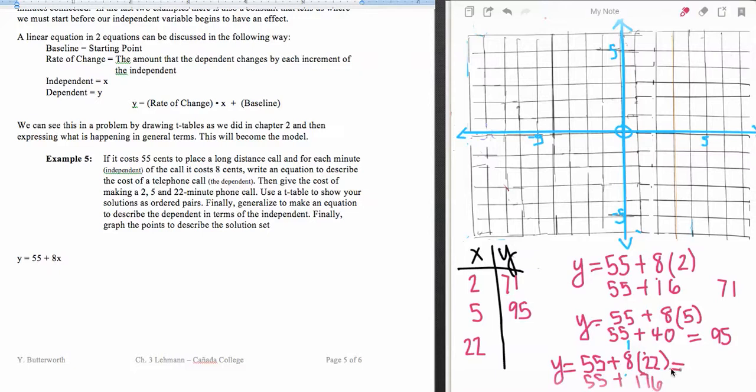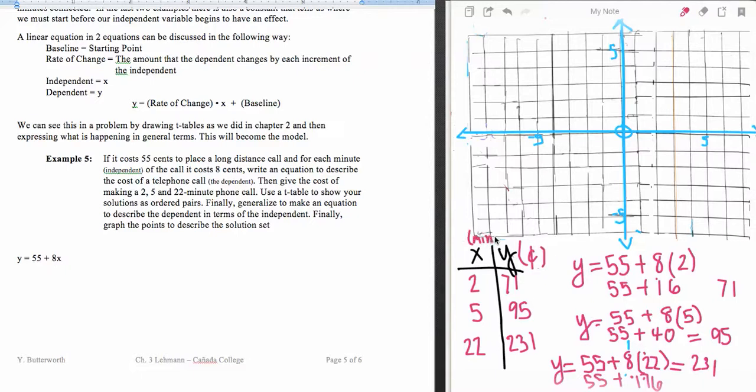And this time around, we have 6 plus 5, which is 11, carry the 1, 12 plus 1, which is 13, carry the 1, and that's 231 cents, or $2.31. But remember that these units are in cents, and these units are in minutes.